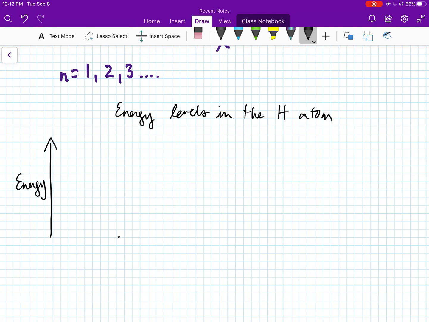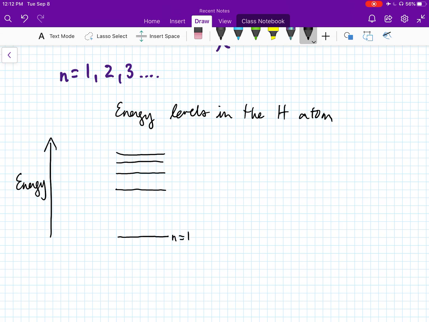And then I'm going to make energy levels that electrons can stay in. So I'm going to make them a certain distance apart from each other, as follows, getting closer and closer together.